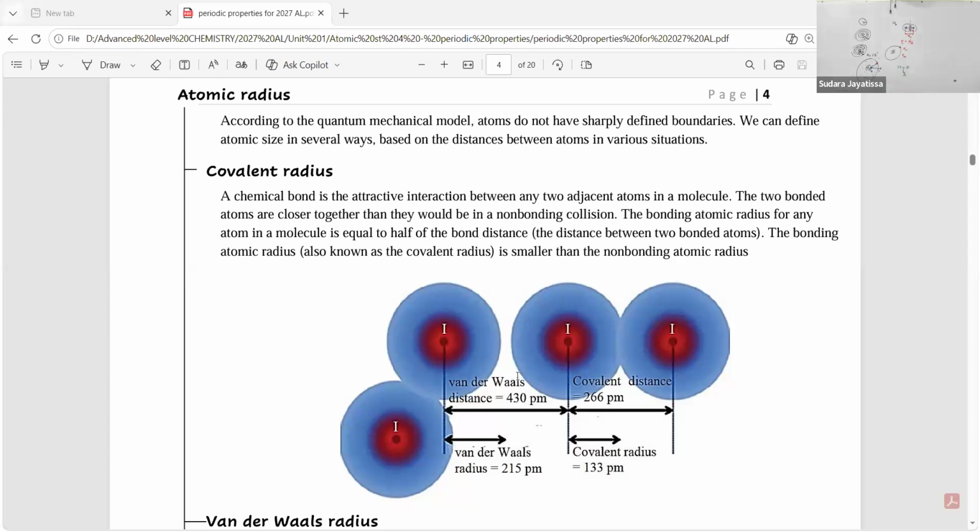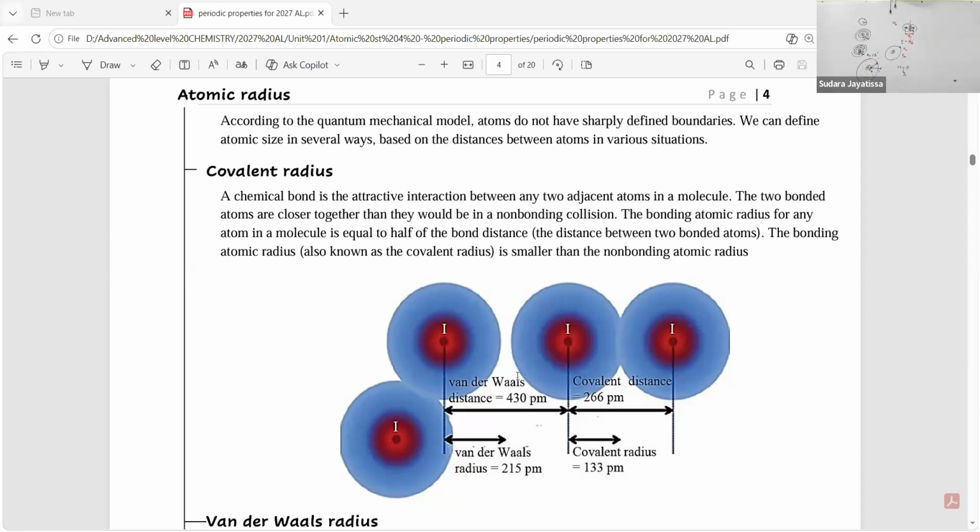And the two bonded atoms are closer together than they would be in non-bonding collision. Non-bonding collision means without bonding. After bonding, they get overlapped. That's why they are closer. The bonding atomic radius for any atom in a molecule is equal to half of the bond distance.